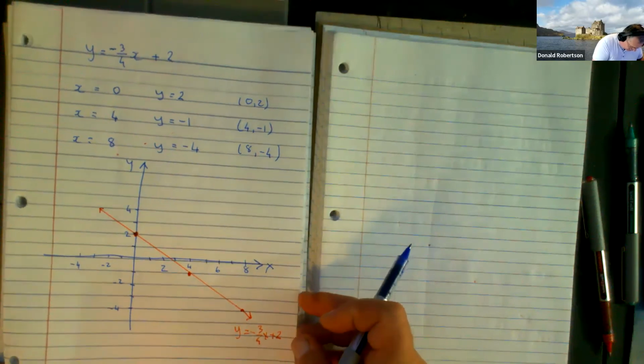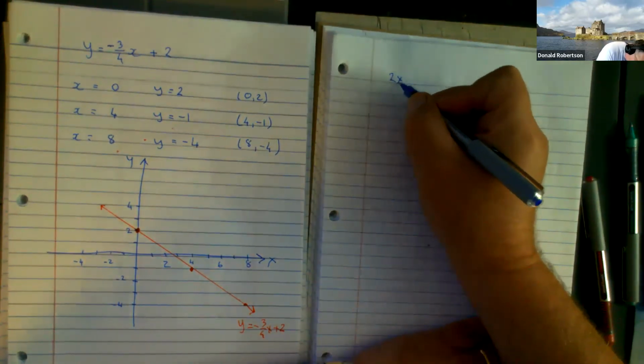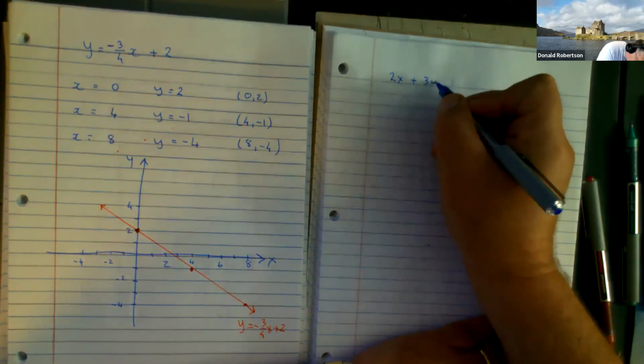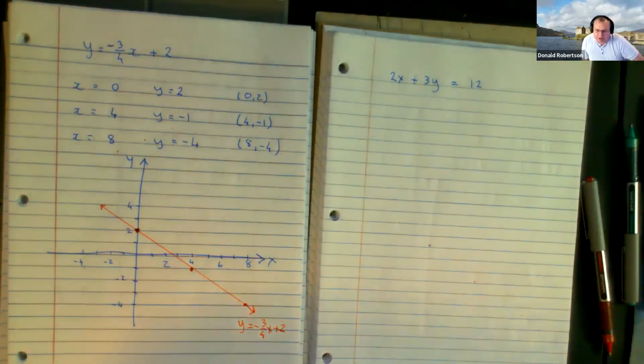Hopefully, you've got the idea of how to tackle that. Now, let's look at the other kind, the standard form. So let's suppose I get 2x plus 3y equals 12. A little bit more work here, but essentially what we're going to do is find some points.